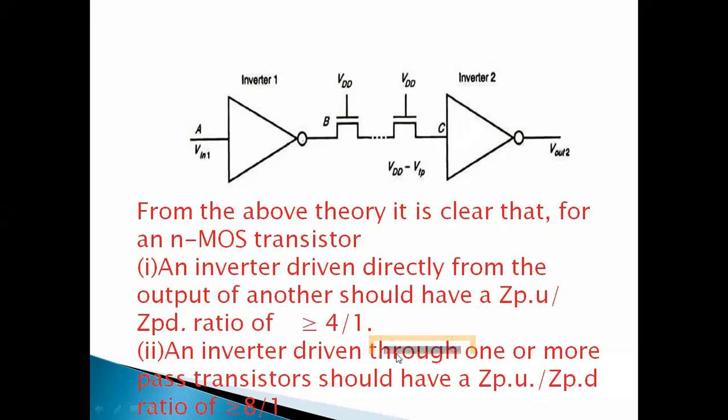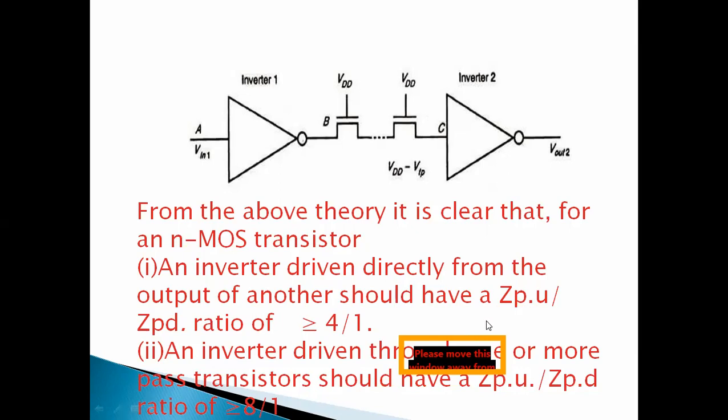Okay. From the above theory, it is clear that for an NMOS inverter, condition 1: an inverter driven directly from the output of another should have a Zpu to Zpd ratio greater than or equal to 4:1.